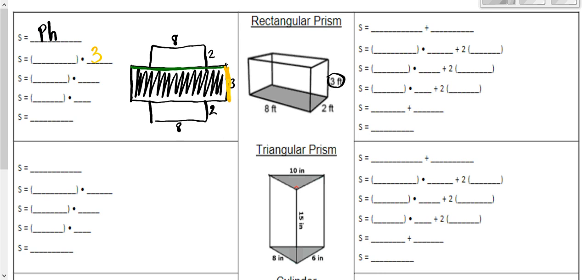So I like to actually write 2 plus 2 plus 8 plus 8 along the perimeter of my base. I understand that that whole piece is going to wrap around those 4 sides of my rectangle. So to find my perimeter, I'm going to have 2 plus 2 plus 8 plus 8.